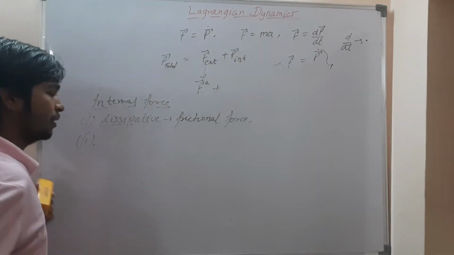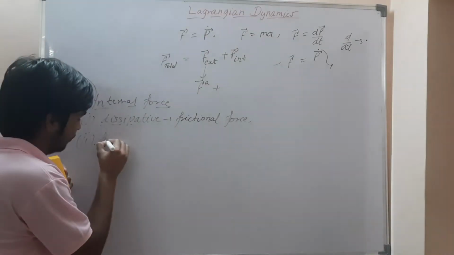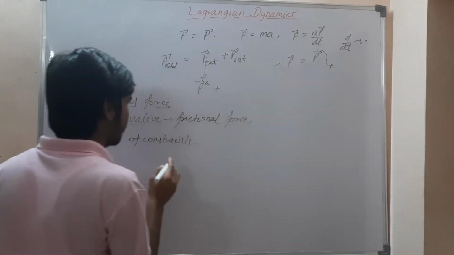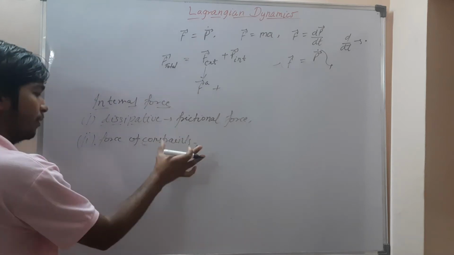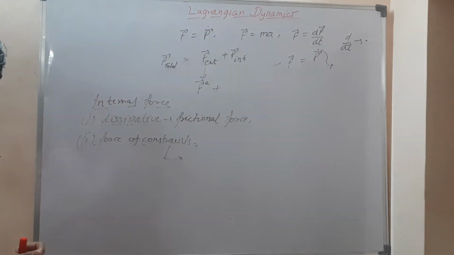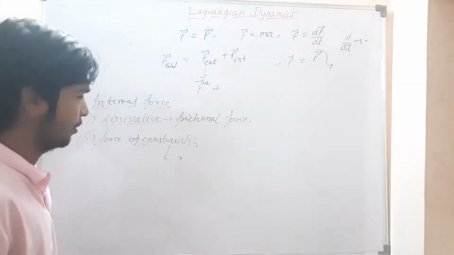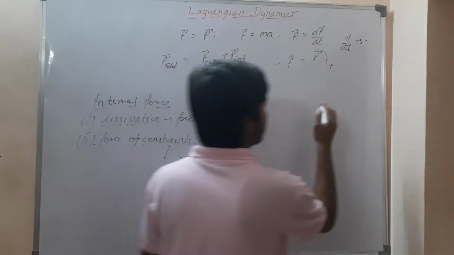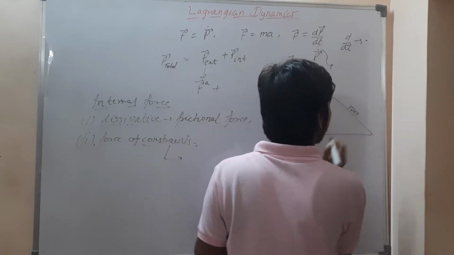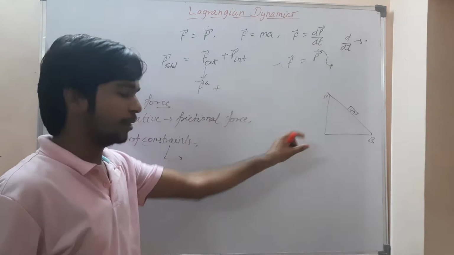The second internal force is the force of constraint. Because of constraints, we have to consider it an internal force. First we will understand what a constraint is. The force arising because of a constraint is called the force of constraint. For example, take a box of mass m.